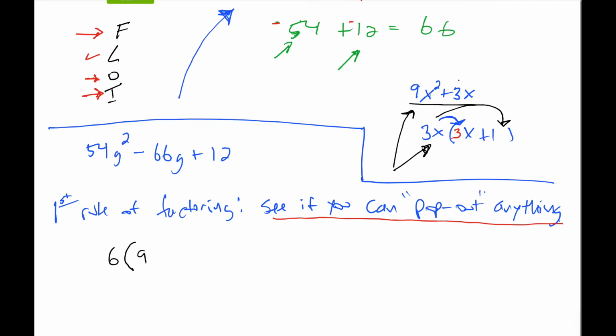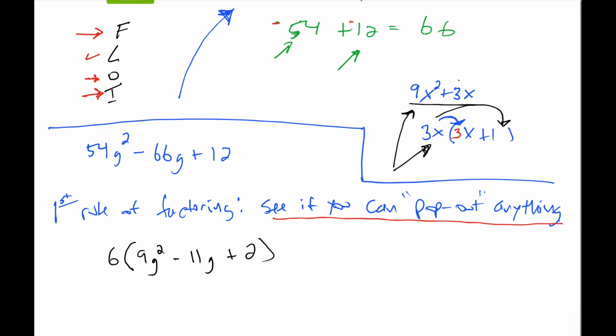But we need to get a 54g squared, so what do we put after the 9? Then what's 6 times 9g? What goes after that? Minus 11g. And then now what? Plus 2. All right, cool.